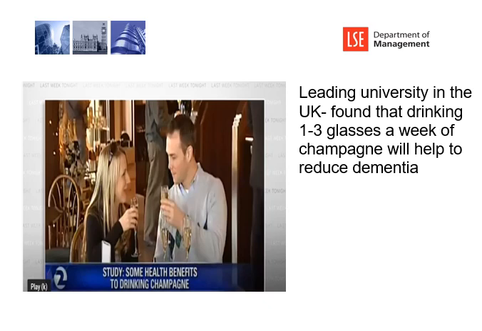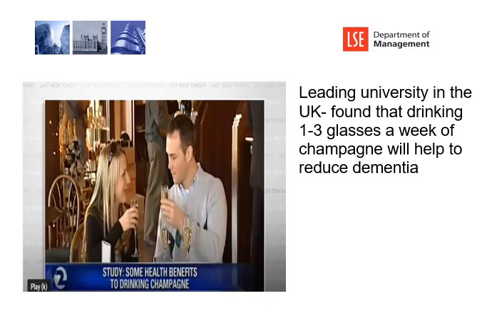To illustrate why we need methodology, consider this example that I have. A leading university in the UK found that drinking 1 to 3 glasses a week of champagne would help to reduce dementia. I'm sure this is a very exciting result for me, for you, for all of us.